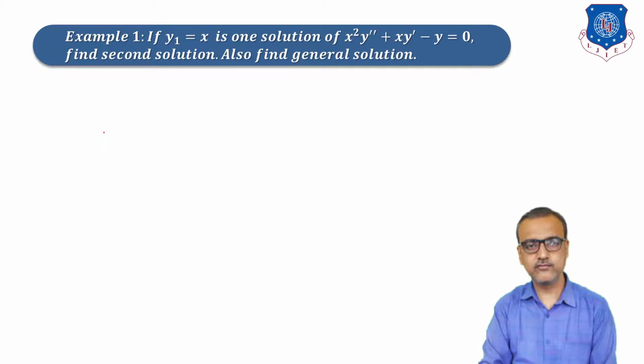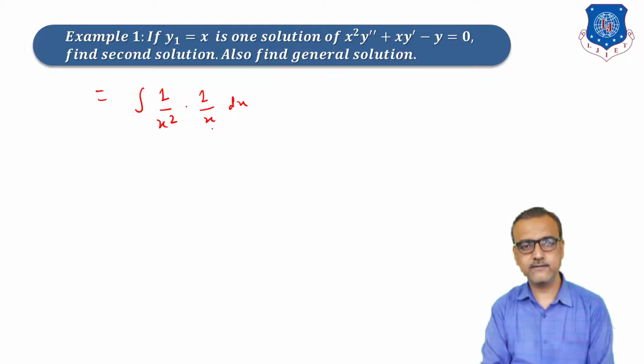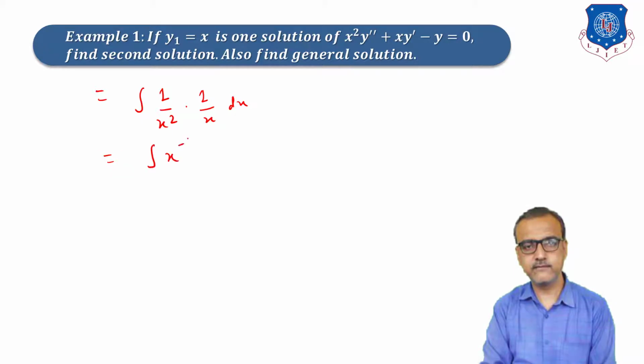So this is integration 1 upon x square into 1 upon x, and x square into x is x cube, so we write 1 upon x cube as x raised to minus 3 dx.